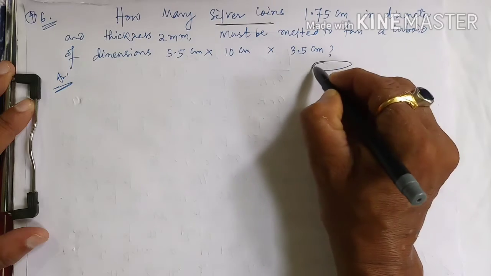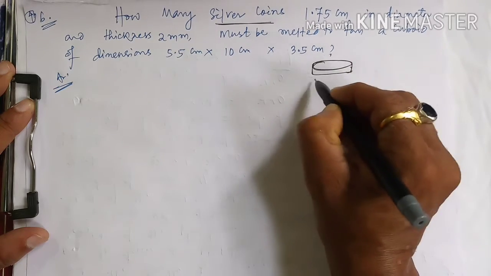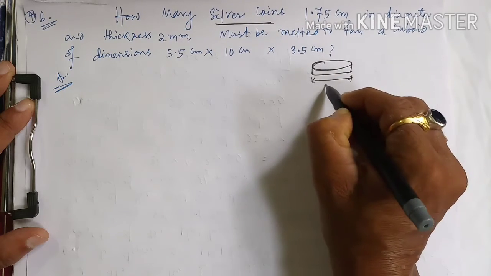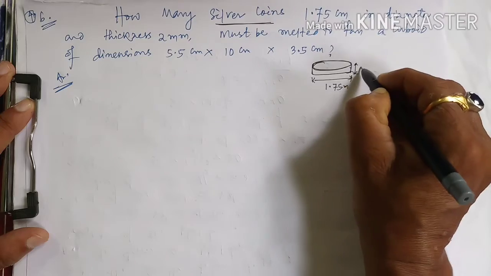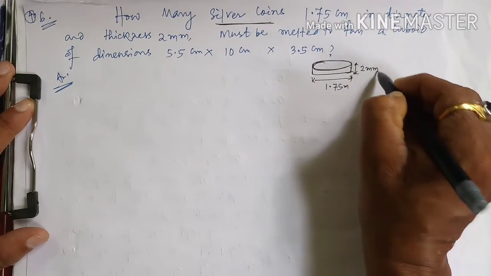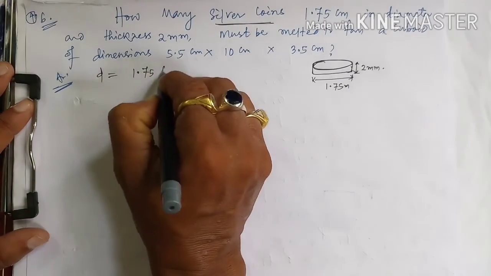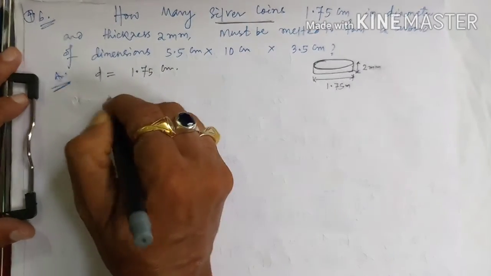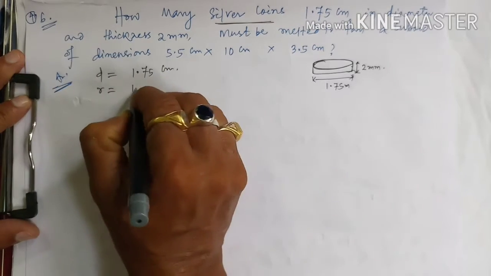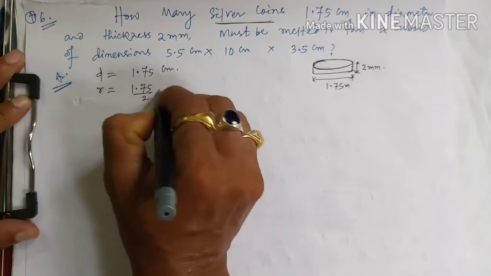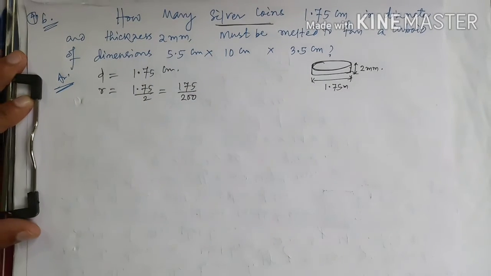Let the silver coin be a cylindrical structure, whose diameter is 1.75 centimeter, and the thickness, which means its height, is equal to 2 millimeter. Clear? We can write radius equal to 1.75 by 2, that we can write as 175 by 200.